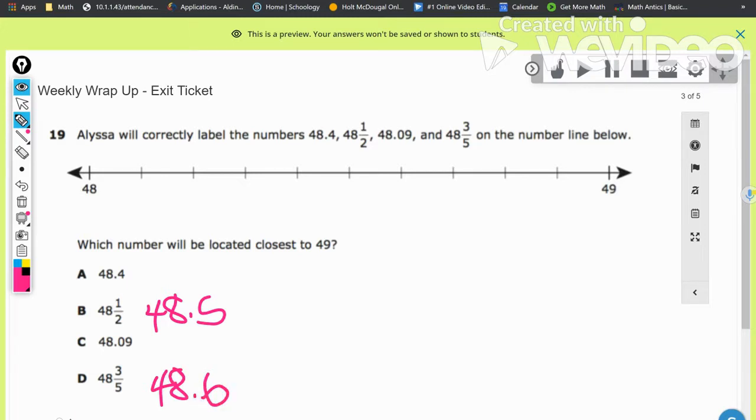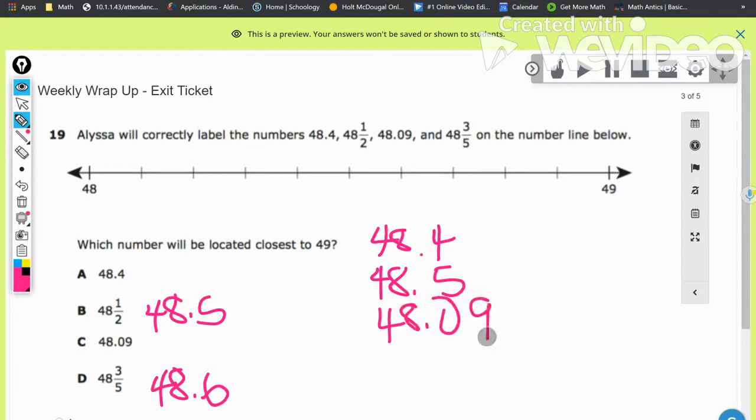So now I'm going to rewrite my decimal numbers just as I see them. Then I'm going to make sure each number has the same amount of digits. Add my zeros as placeholders where needed. Then I'm going to look at the first column after the decimal.